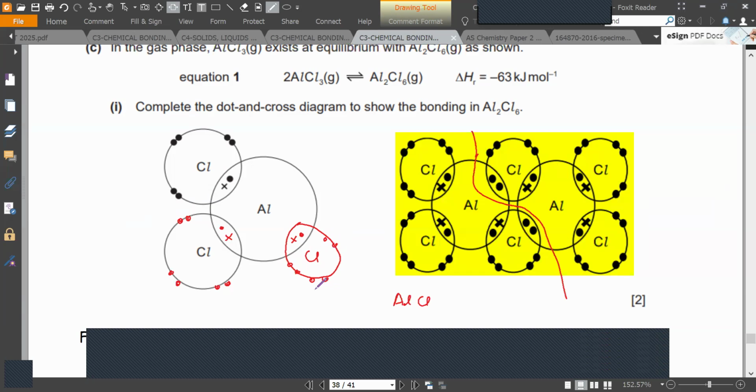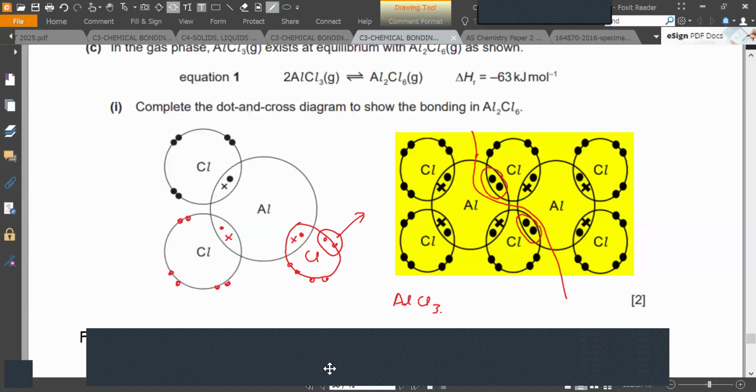Then we need to draw two of them, and then we draw the coordinate bonding. The lone pair from the chlorine will donate to the aluminum of the other AlCl3. That's basically the main point.